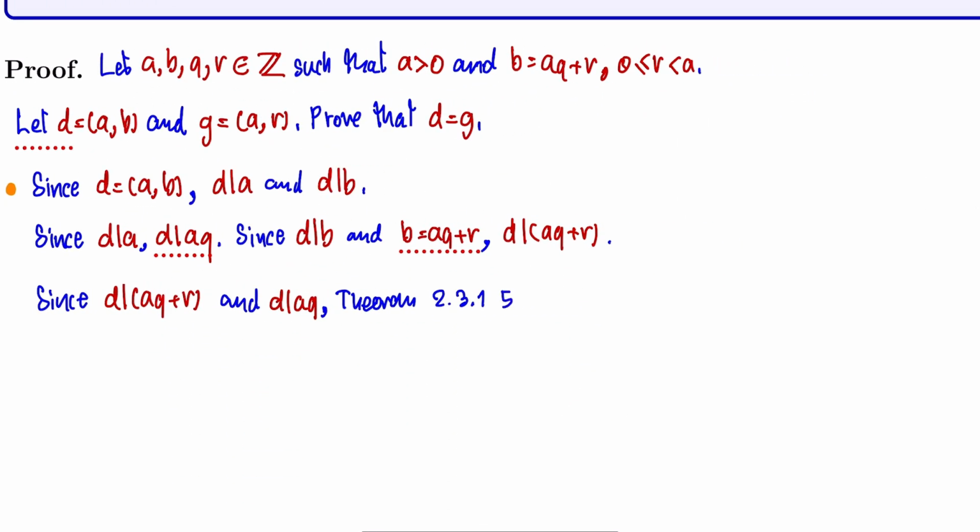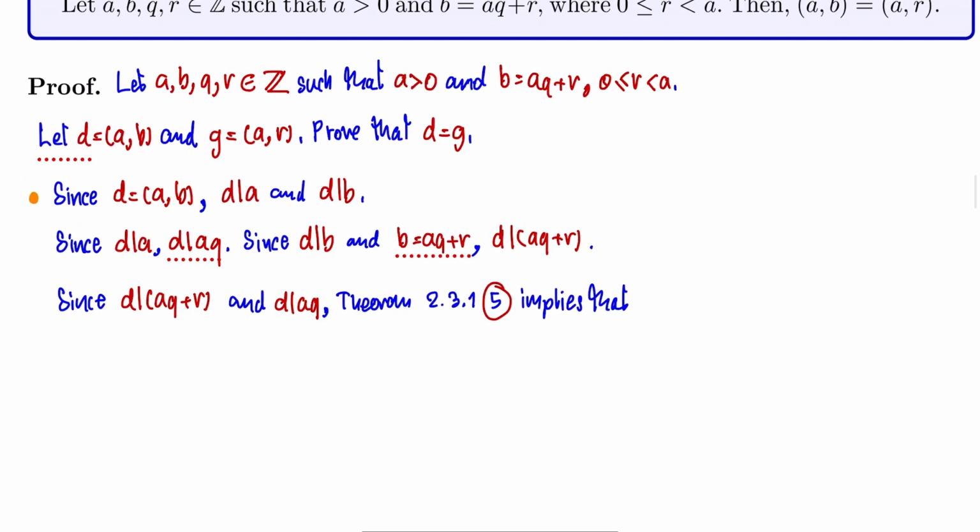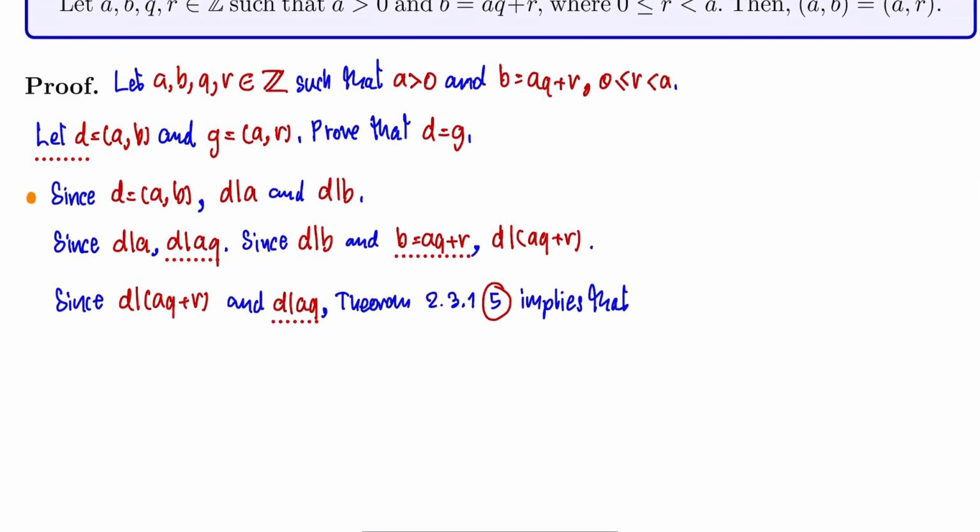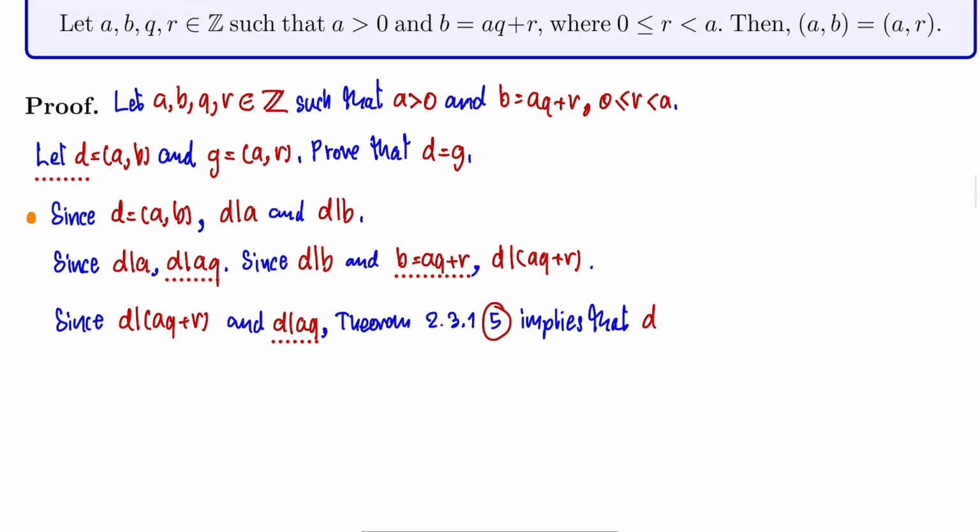Property number 5 implies that d divides r, right? d divides r.